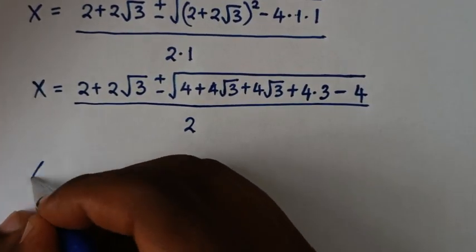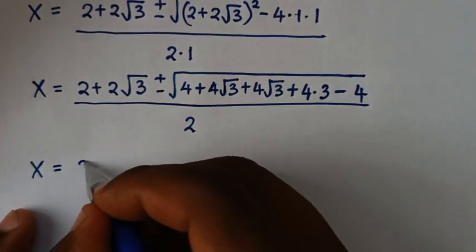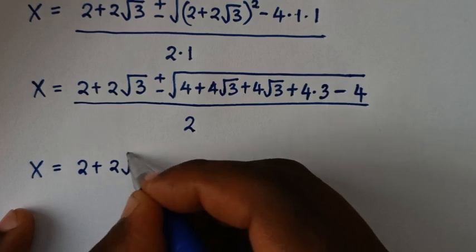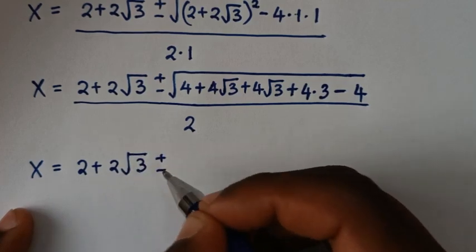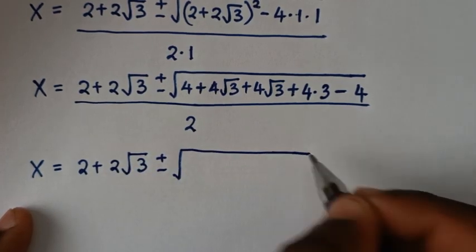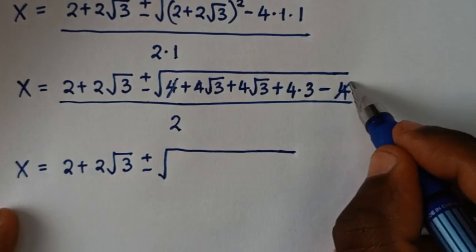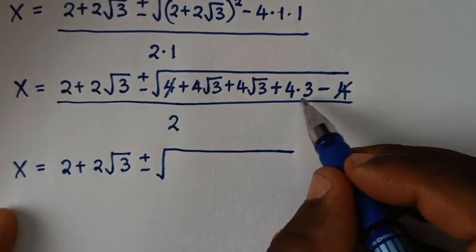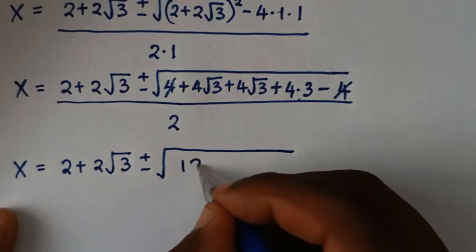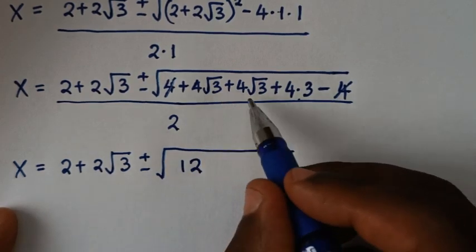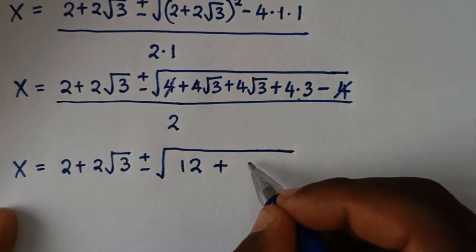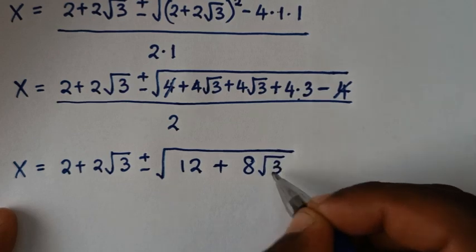So it will be x is equal to 2 plus 2 square root of 3 plus or minus square root of this, 4 minus 4 will cancel. So it will be 4 times 3 here, it is 12. So 12, 4 square root of 3 plus 4 square root of 3 to be plus 8 square root of 3.